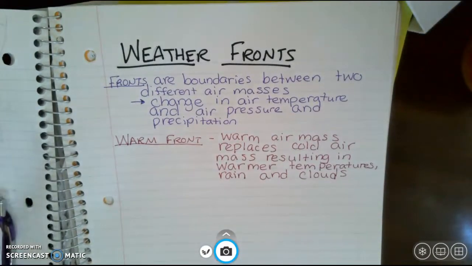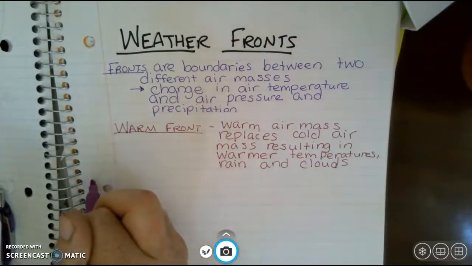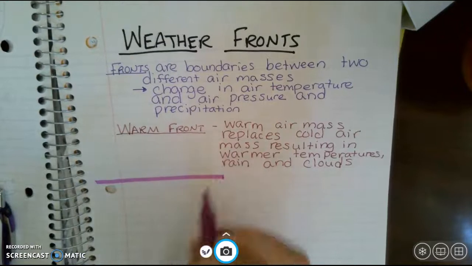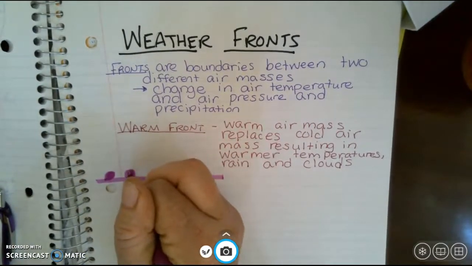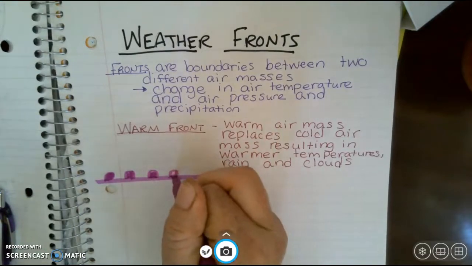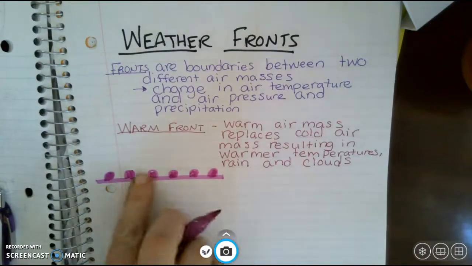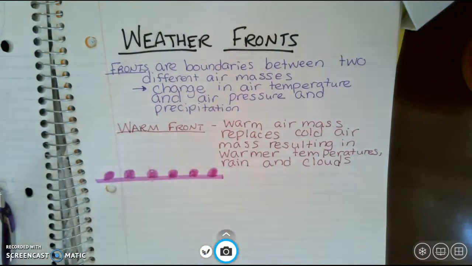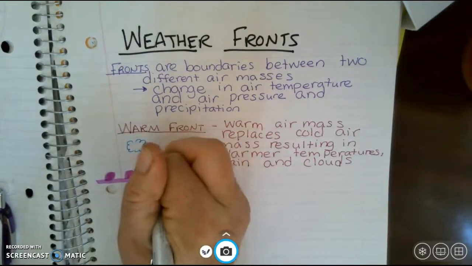Okay, so on the weather map, when you hear the meteorologist talking about a warm front, you may see a line that looks like this, and that's telling where the front is moving. And let me draw some clouds up here because we do get some clouds.